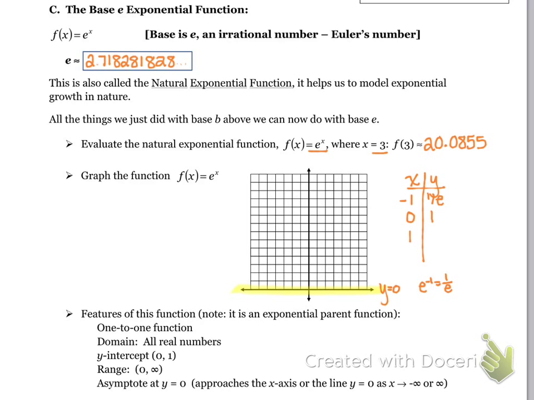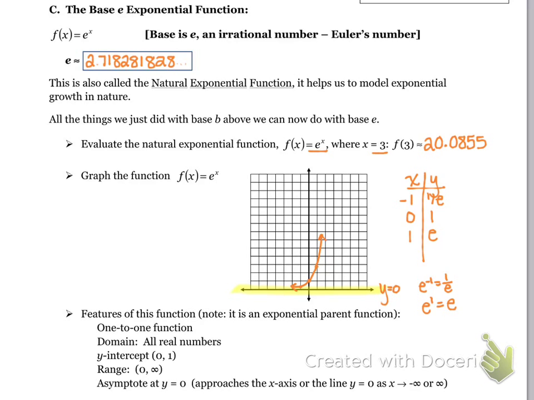And then at 1, that would be e to the 1, which is e. Now, I understand you're not going to graph e, you're going to graph 2.7 and so on. So go ahead and estimate those values, and then graph them the best you can on your graph. And this is what my graph looked like.